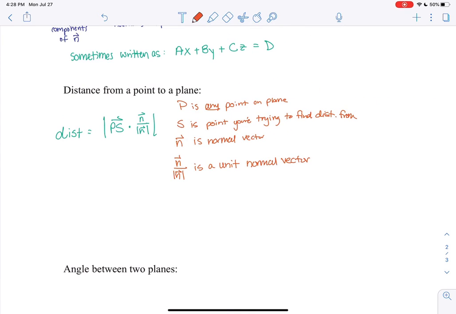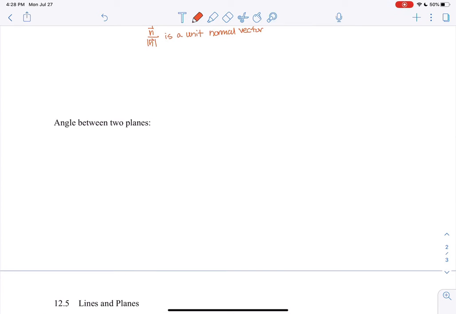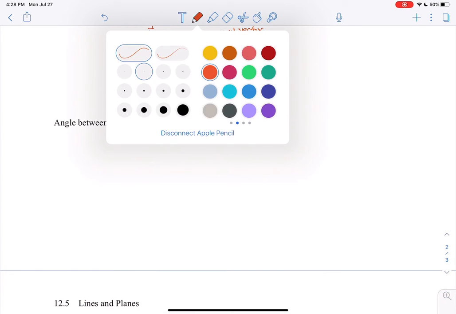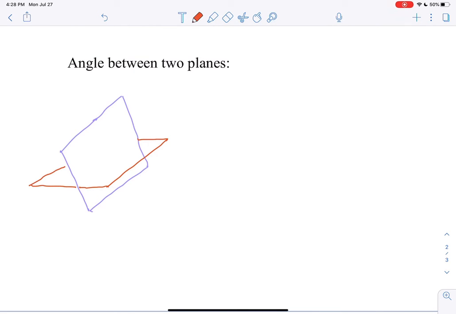And then the last thing that's kind of interesting to know about planes is if you want to find the angle between two planes, let me just draw out a picture of that. So if you have two planes kind of like this, I'm trying to find a picture to reference, because it can get a little tricky drawing these. So here's plane 1, and we have plane 2.